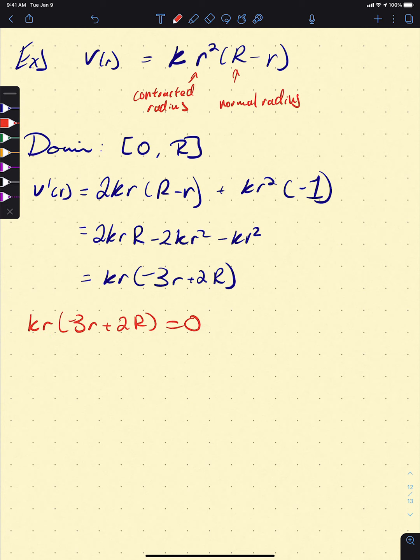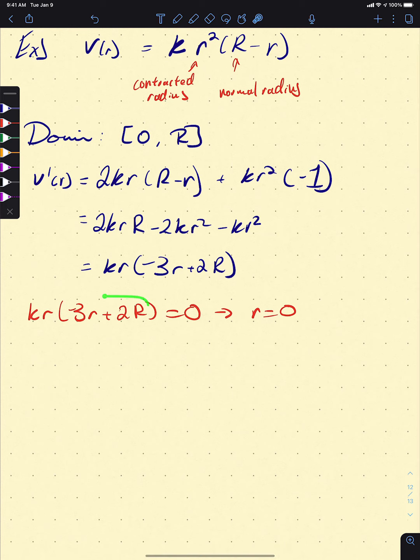If this were to equal 0, we would just get r equals 0. But if this were to equal 0, we could subtract this over to the other side, divide by 3, and we would get that r is 2 big R over 3. So those are our two critical points.